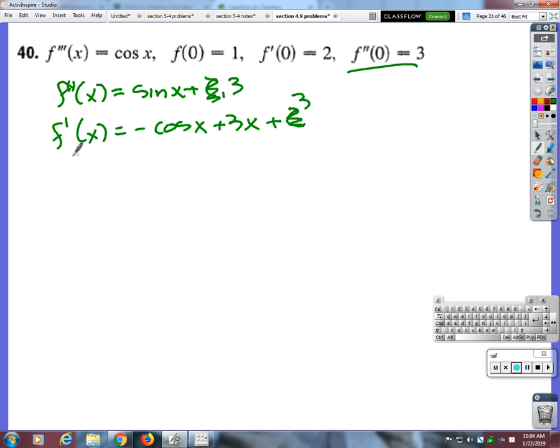Otra vez. And then finally, plug in 0, so that c equals 1. Okay.